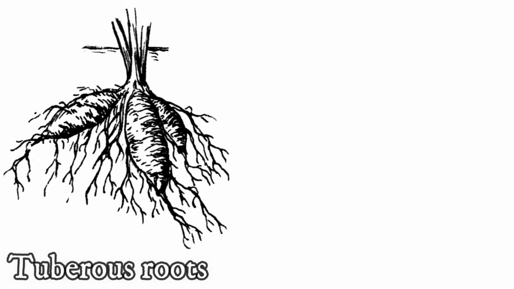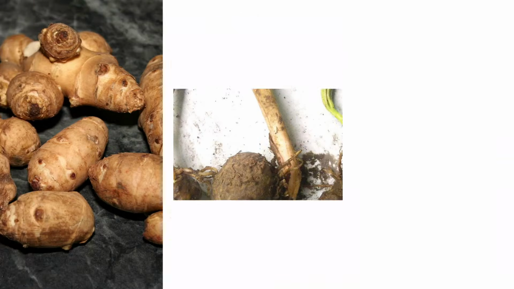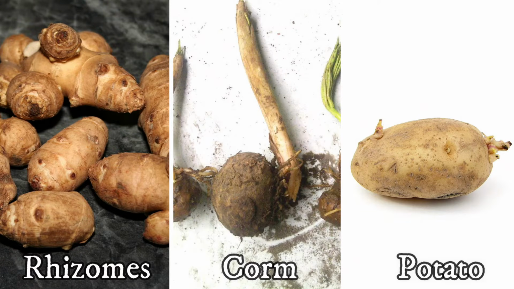A couple examples of adventitious roots are tuberous roots, like yams, and aerial roots, which are often found in tropical plants. Interestingly, though, there are many different kinds of underground structures found in plants. Some, like rhizomes, bulbs, corms, and white potatoes, are actually scientifically considered to be modified underground stems.